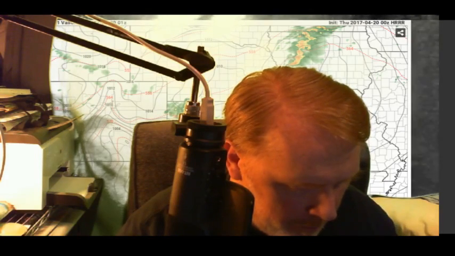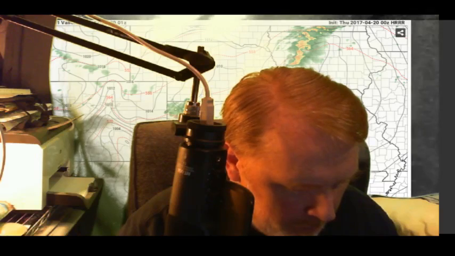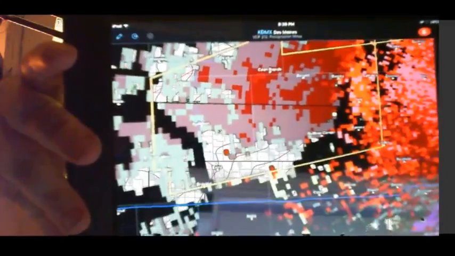So this has got a lot of neat tools. You can see it's got the granular level 2 data, and you've also got the important velocity products. So let me bring that up. Bringing up the velocity. Now, for some reason, I don't know why this is, but the storm relative velocity is very coarse.